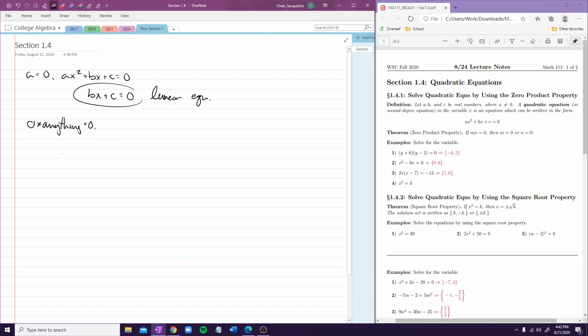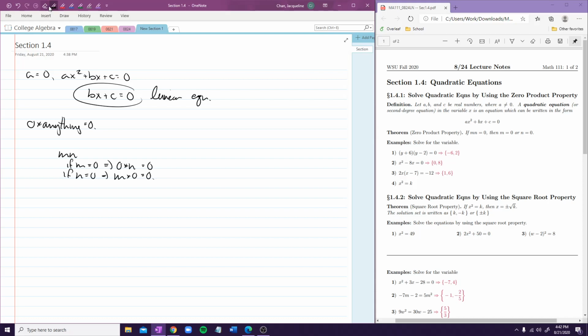So if m is equal to 0, then for m times n we get 0 times n, that's 0. And if n is equal to 0, we get m times 0, and that is also equal to 0. This is a very powerful theorem that we use quite often.